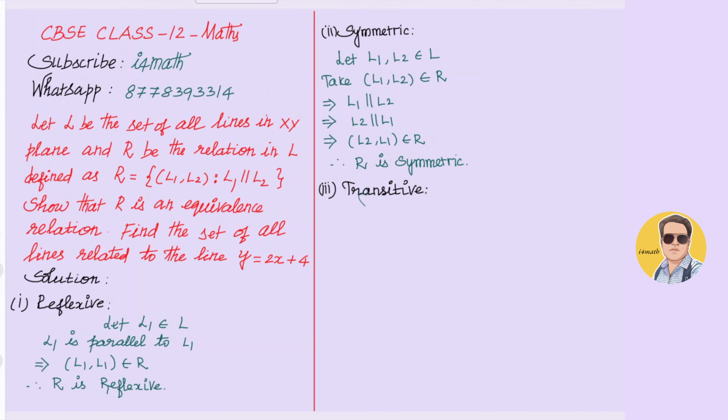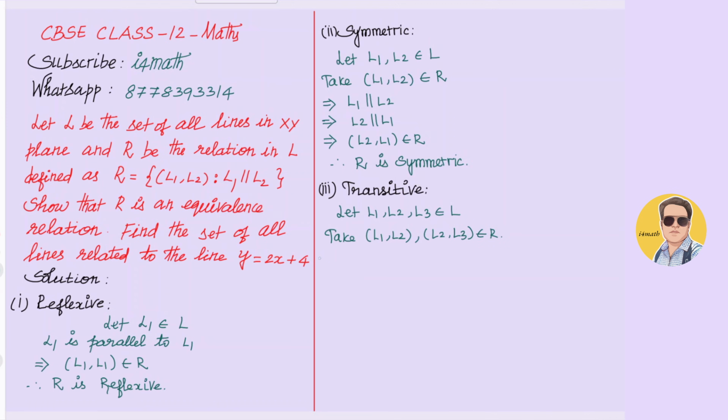Let L1, L2, L3. I'm taking three lines in the set L because the set L contains all lines. Take (L1, L2) and (L2, L3). These two ordered pairs I'm taking from the relation R. (L1, L2) in R means what? L1 is parallel to L2. And (L2, L3) in R means what? L2 is parallel to L3.